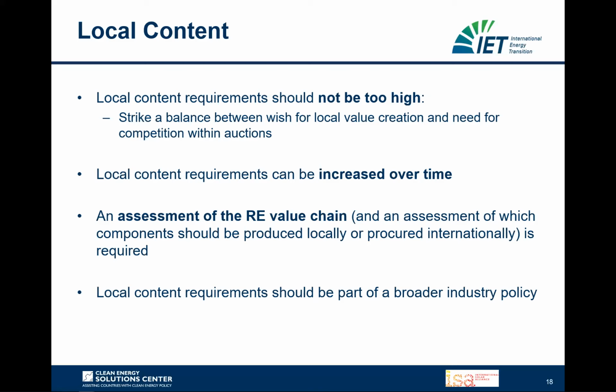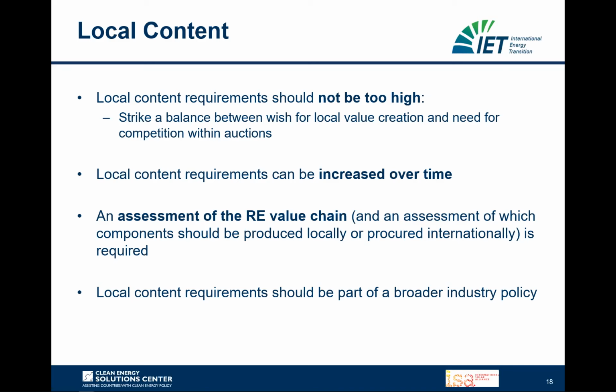But you might also run into a situation where the output of your manufacturing units is very limited, and this will then of course also limit the amount of bidders in your auction, and this will again limit the competition and potentially increase prices. Therefore, it is usually recommended to start with relatively low shares of local content requirement, so that you do not only look at the hardware that you need for solar PV systems, such as inverters and modules, but you also look at other components along the value chain.